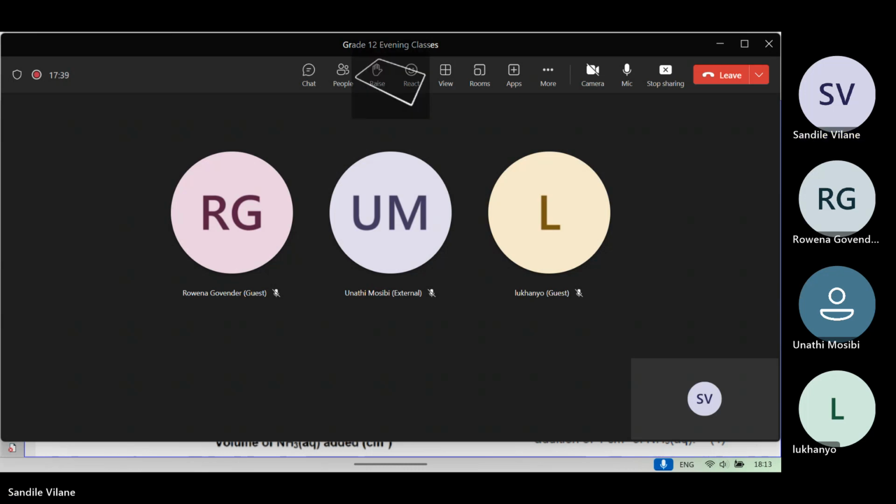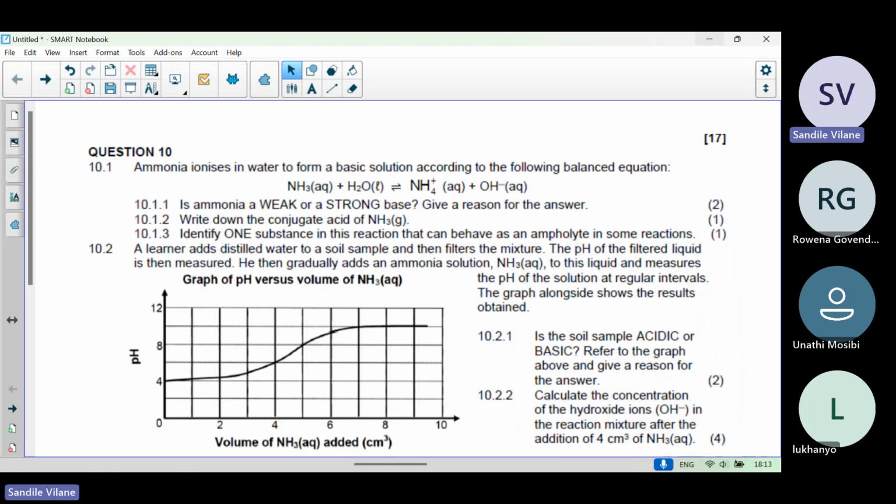Okay. So without wasting time, let's just get down to it. Here's the question that I want us to discuss, question 10. They are speaking about the ionization of ammonia in water to form a basic solution according to that balanced equation. Ammonia is definitely a weak base.